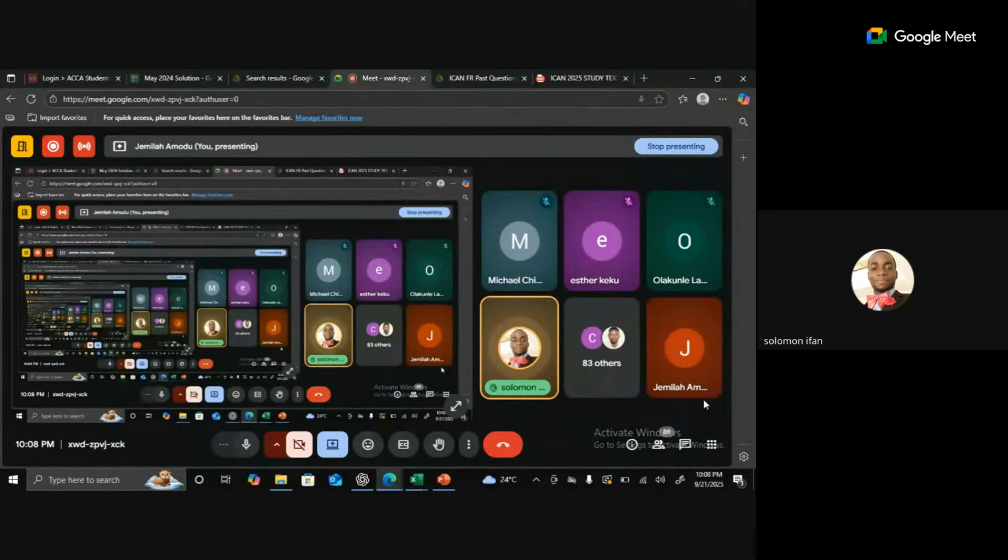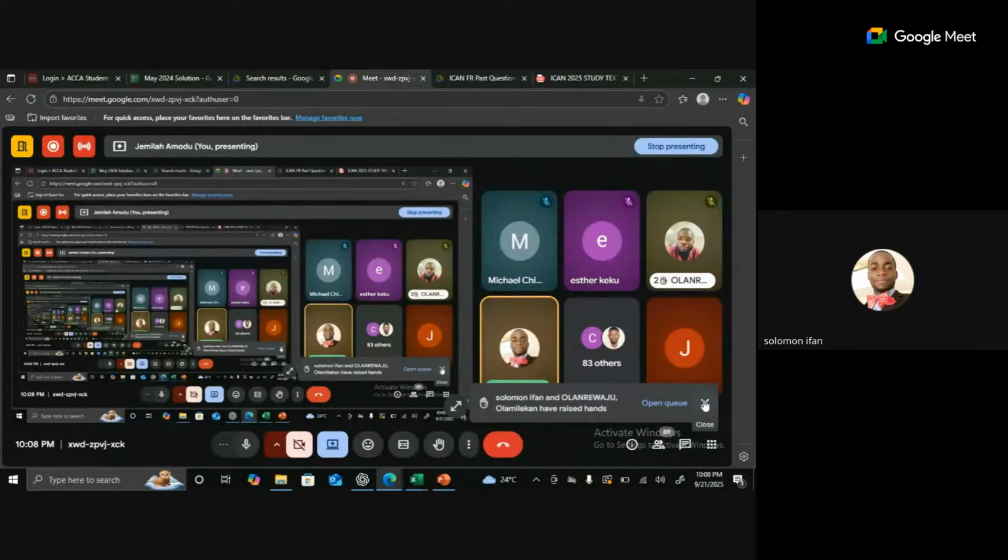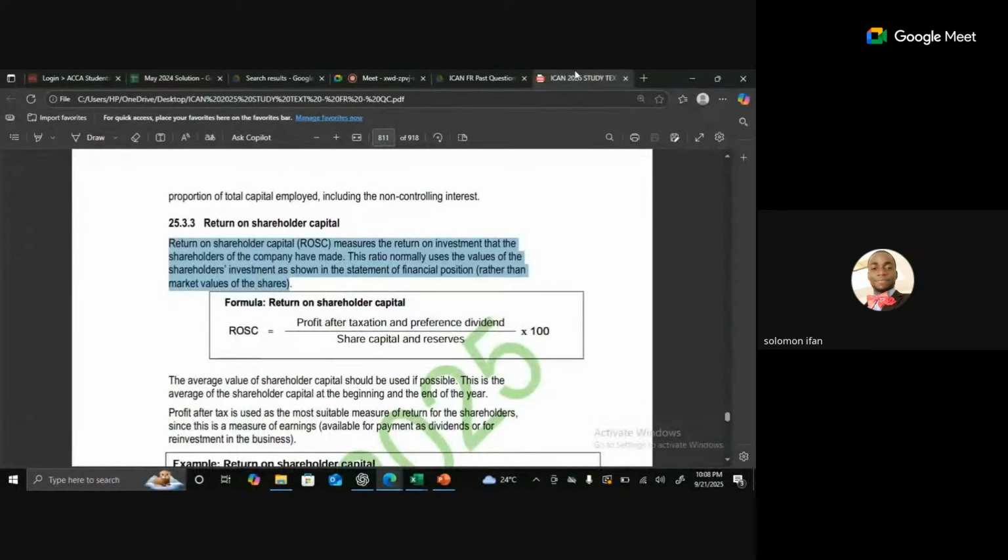And again, they should be clear if we are supposed to less that preference dividend. They should say profit after tax less preference dividend. Like in most of the other formulas, if they want us to deduct, they will always use the word 'less'. So in this case, that 'and' should be addition. Okay, that's my own contribution.